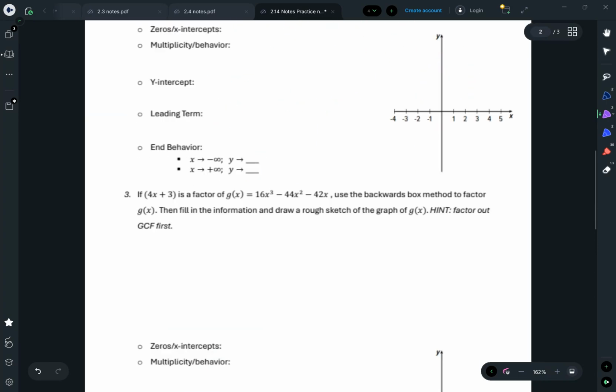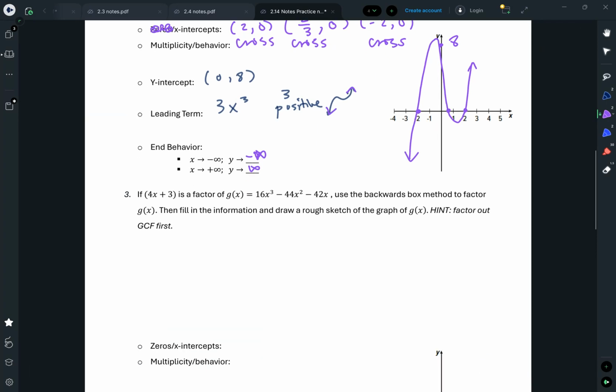All right, here's another one. G of x equals 16x cubed minus 44x squared minus 42x. And it asks me to factor. First, I would want to factor out the greatest common factor. So let's factor a 2x out of everything first. I think 2 is the biggest number that divides into all of those.